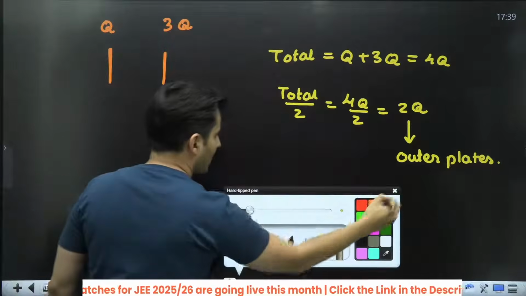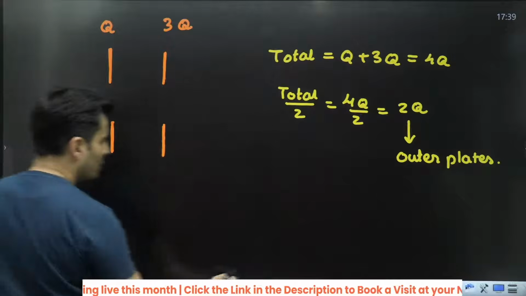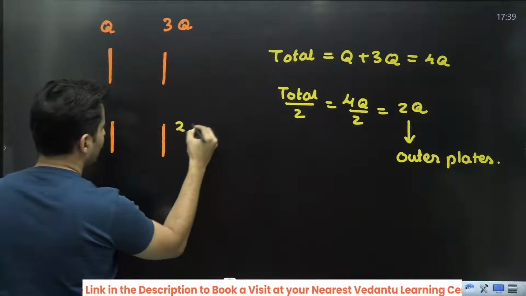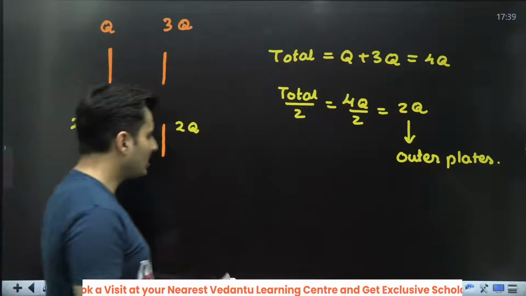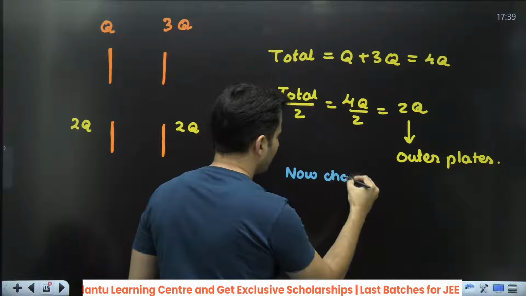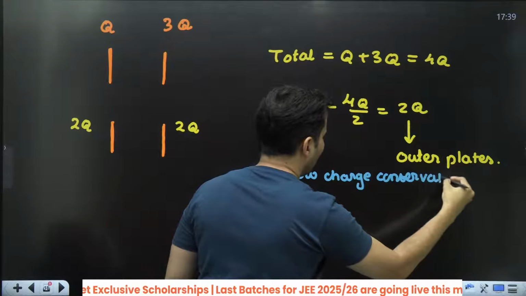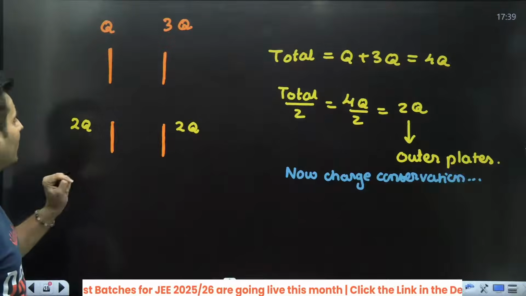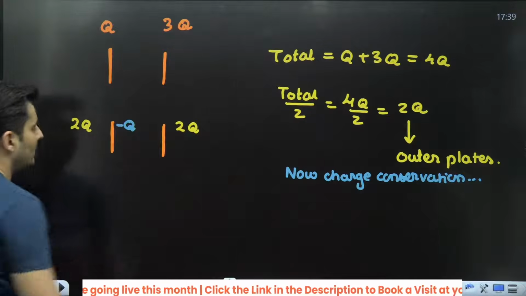That means if I draw the second step, there is a 2Q charge here and a 2Q charge here. Now, what about the inner side? Use charge conservation. According to charge conservation, on the left plate, the total charge must be Q. So if there is 2Q here, obviously there must be minus Q charge over here.